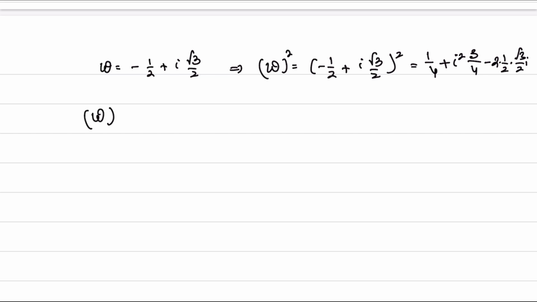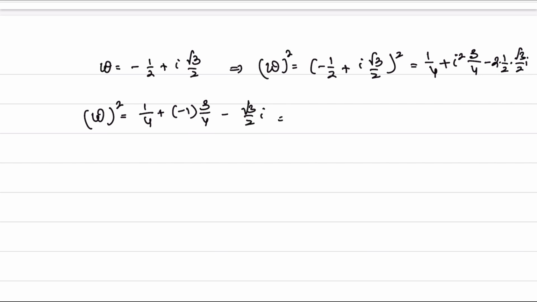Therefore, omega whole square is equal to 1 by 4 minus, i square is minus 1, into 3 by 4, minus 2 gets cancelled, root 3 by 2 into i.